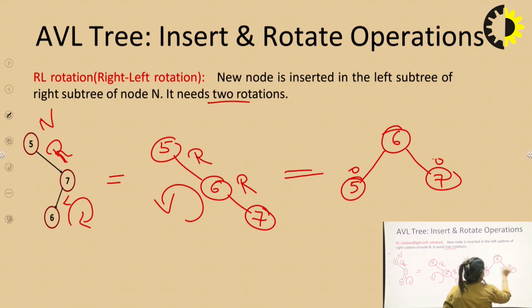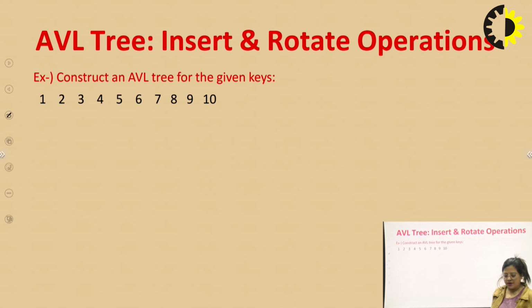And now check again, balance factor is 0, 0, 0. So these are the simple rotations for insertion. So these are the simple 4 types of rotation used in AVL if your balance factor value is 2 or -2.